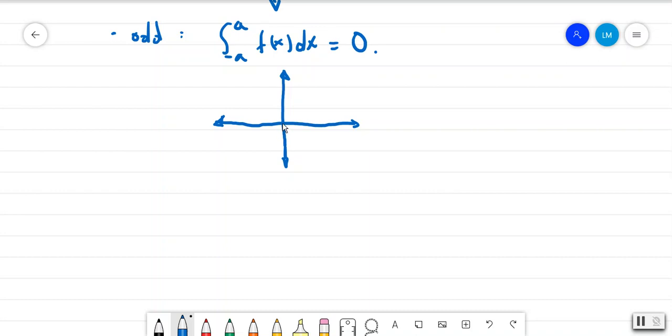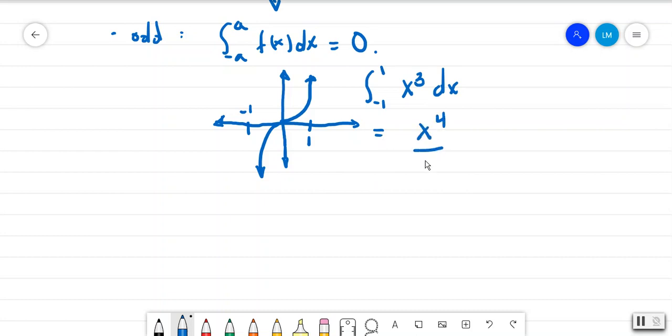So let's say, for example, you were integrating x cubed from negative 1 to 1. If you integrate from negative 1 to 1 of x cubed dx, this is just going to be x to the fourth divided by 4 from negative 1 to 1.